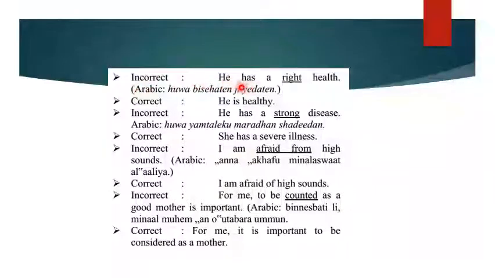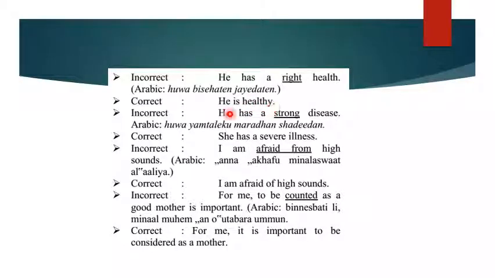He has a right health. هو بصحة جيدة. Okay, he has a right health. Of course, there is nothing as this collocation existing in English. There is no right health. It is healthy. Okay, it's not right health. It is instead healthy, using this adjective.